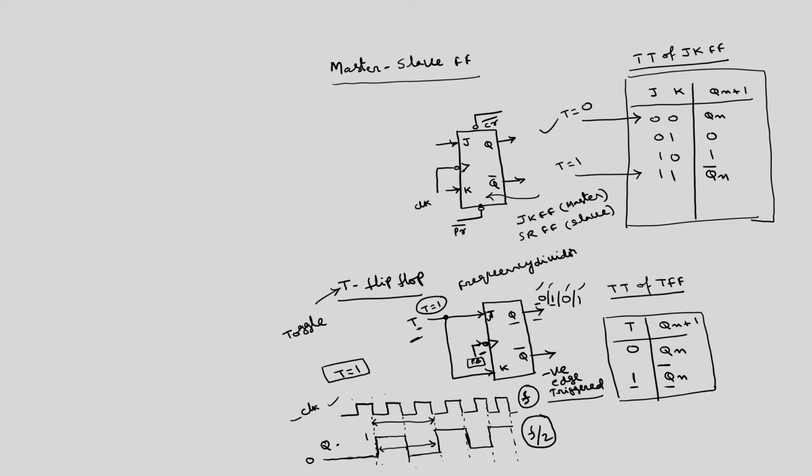Okay. This is about the third flip flop, which is T flip flop. So, mostly this T flip flop will be used in asynchronous counters. While discussing behavioral modeling, I will discuss the details of these asynchronous counters.